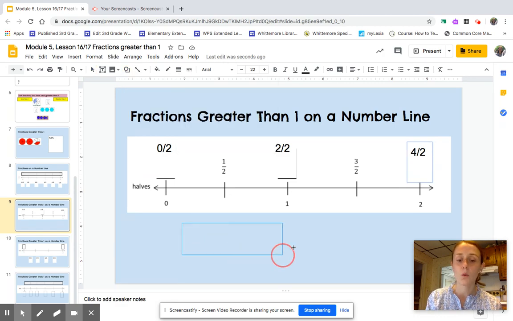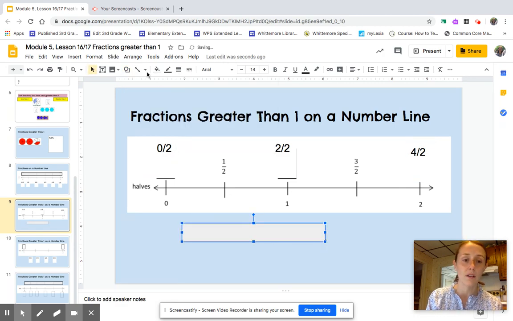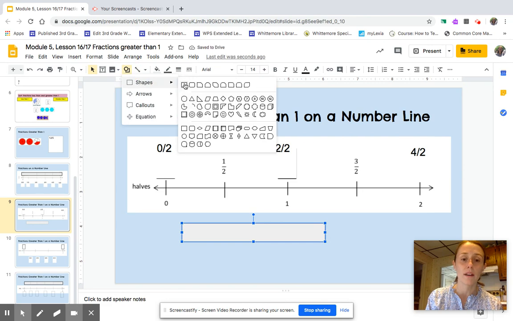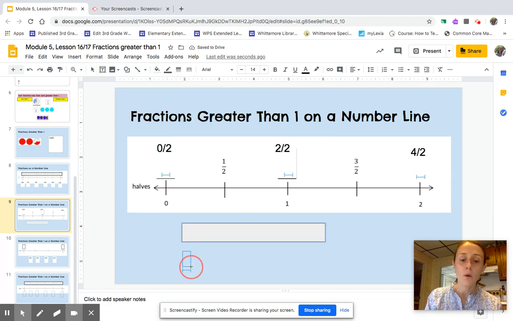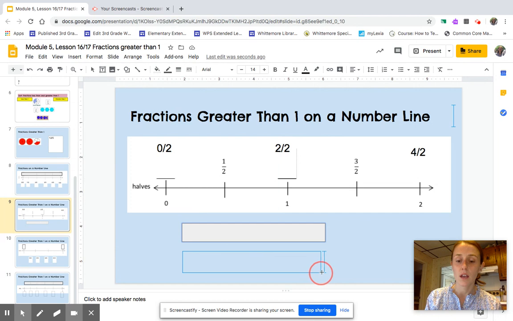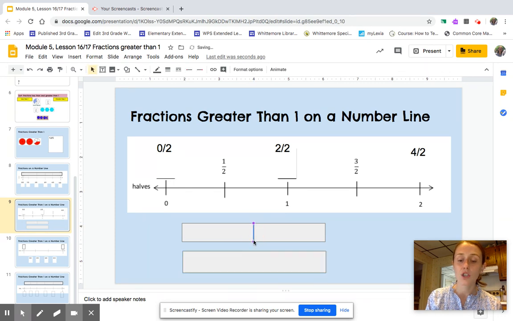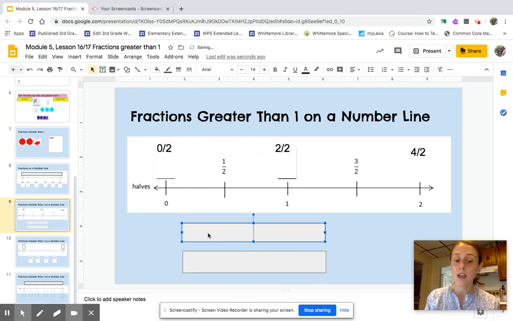So we can think about that as a visual, as 2 rectangles, which I'm going to show you right now. My first rectangle, which would be from 0 to 1, if I split that into 2 equal pieces, here's 1/2, here's 2 halves.